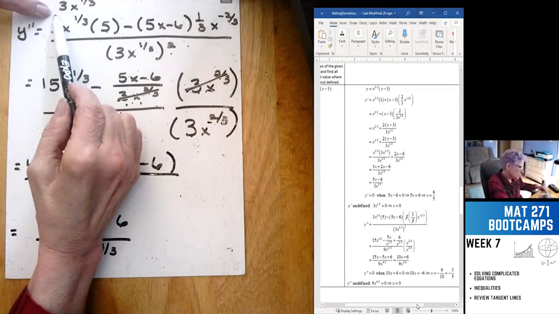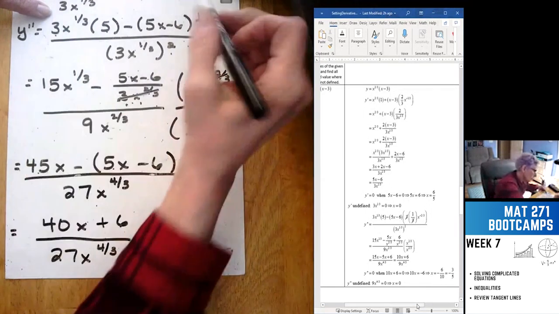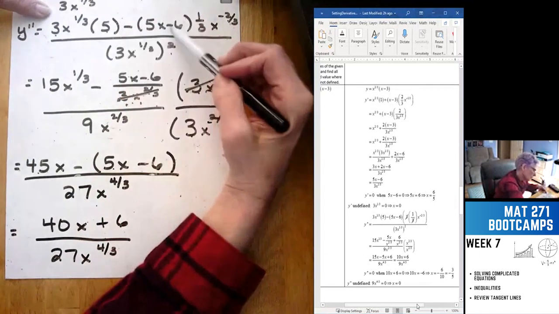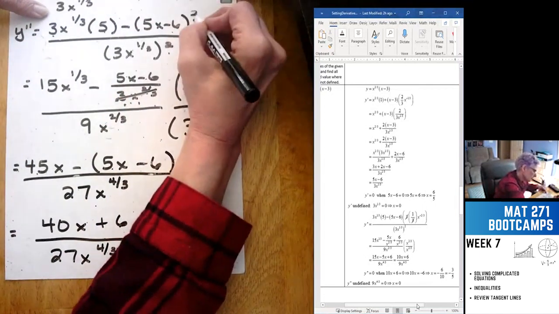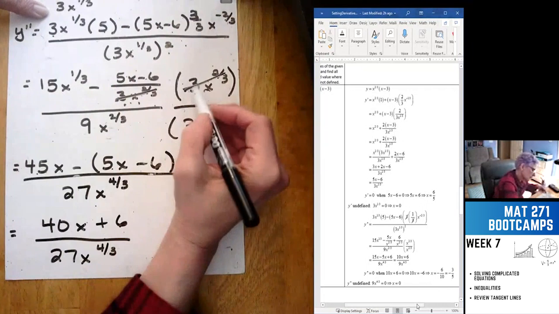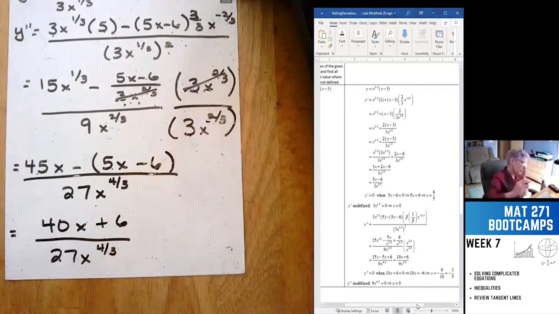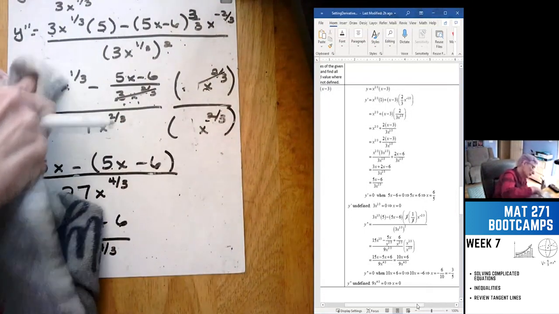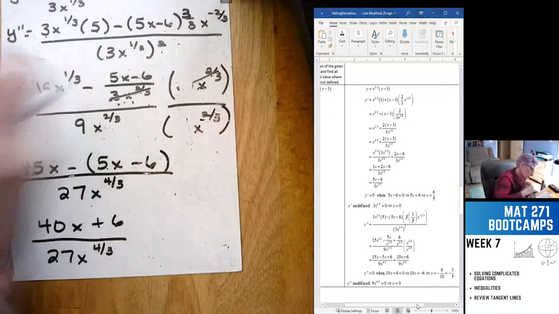That's because I lost this 3 here. When I did high, d low, I lost my 3. So that 3 shouldn't be there.